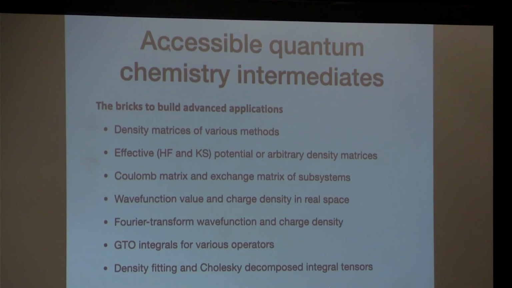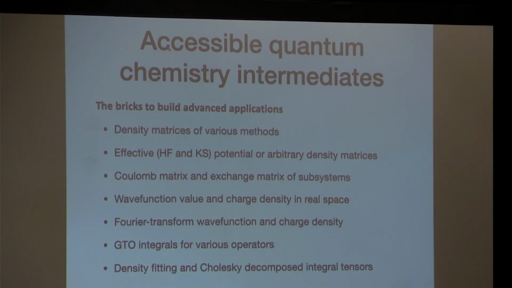We also wish to get the wave function value in real space and in momentum space, and you might need certain customized integrals from a customized operator, and there are a few hundred operators available in PySCF for the GTO integrals. So there are a bunch of things you can do with the PySCF APIs.